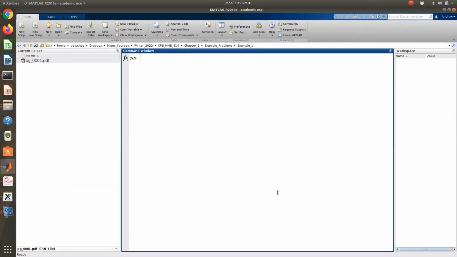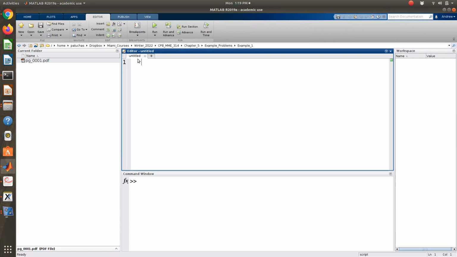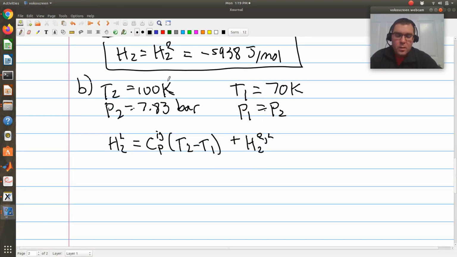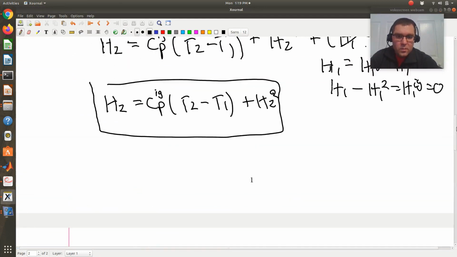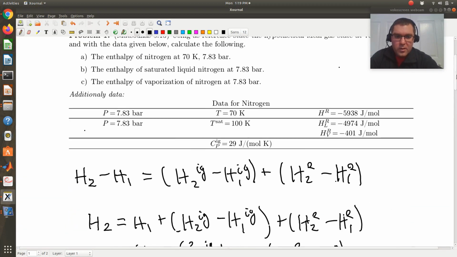So let me just go over to MATLAB so I can punch it in. Okay, and so Cp is 29 joules per mole Kelvin.